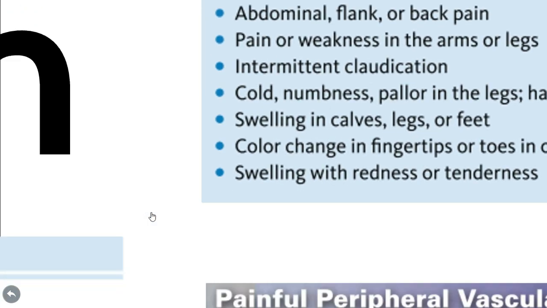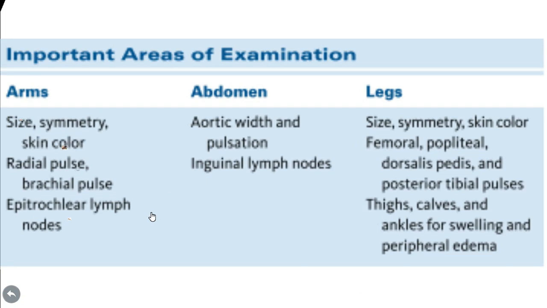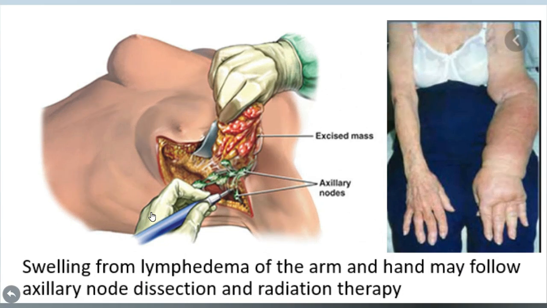Okay. So how do you check for a problem in the lower extremities or the upper extremities? So for the arms, you check the size.